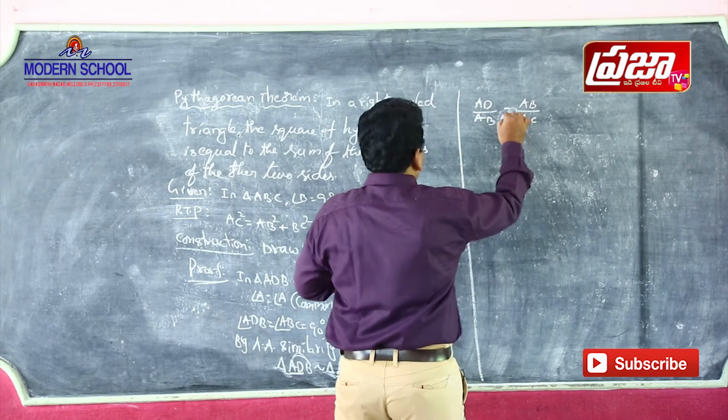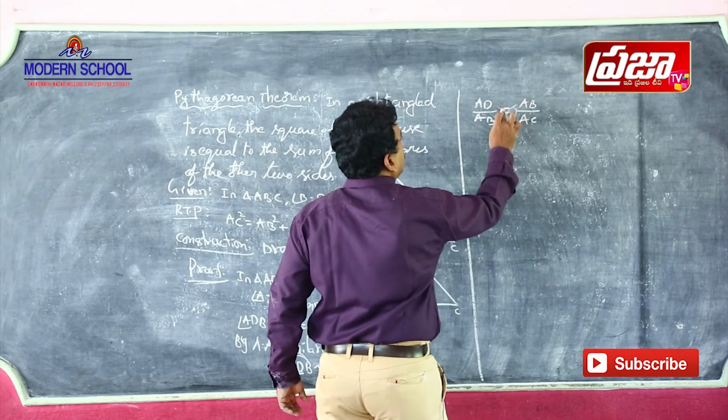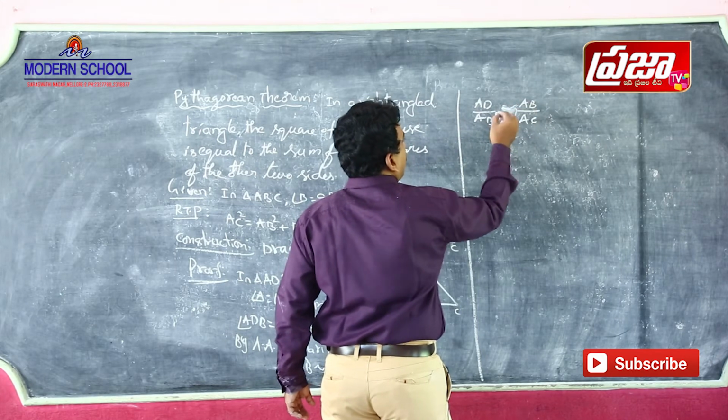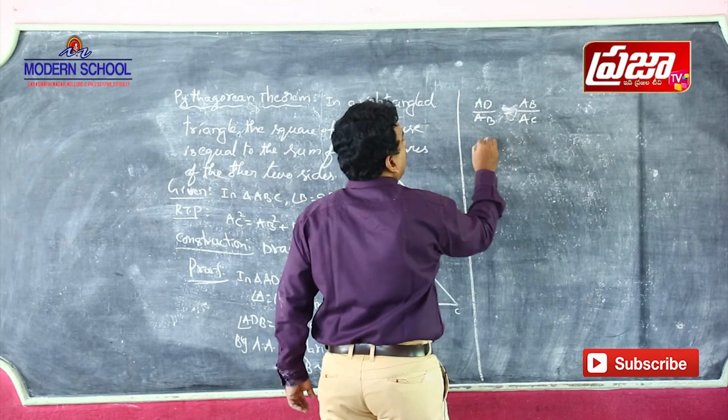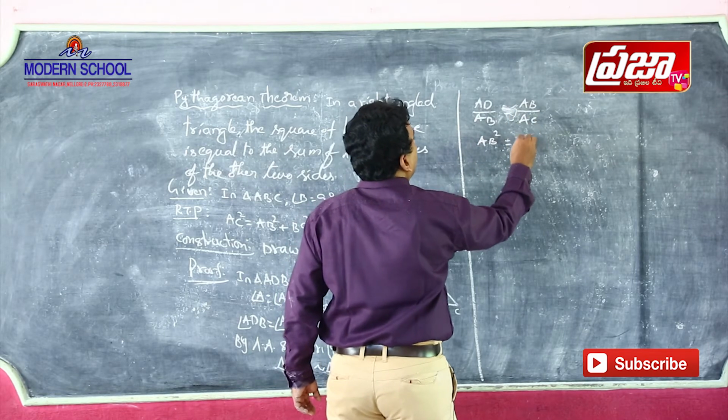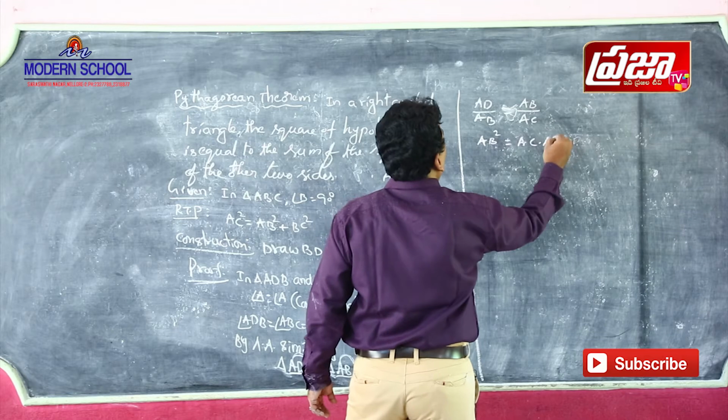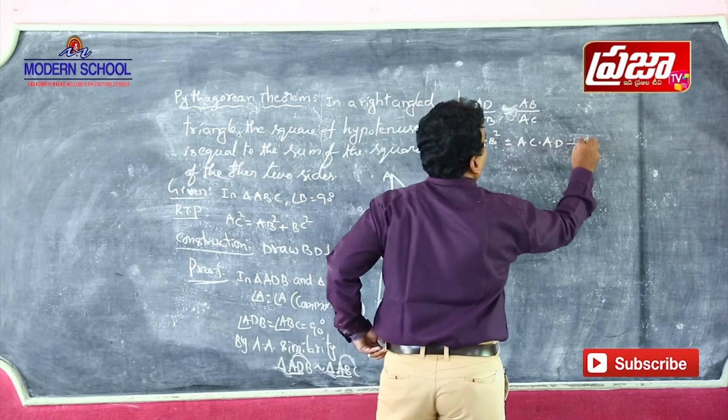If you do cross multiplication, then you get AB into AB, AB square, equal to AD into AC.